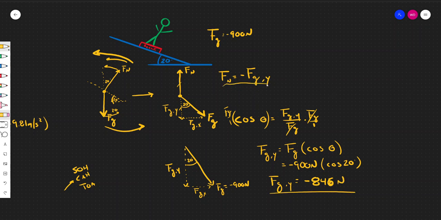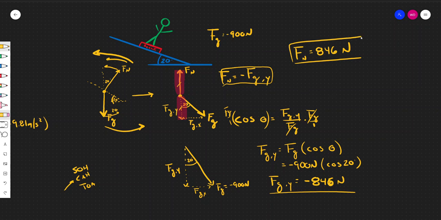And if I come up here, we said the normal force on this scale is equal to the opposite of the force of gravity's y component. So if the force of gravity's y component is 846 newtons down, in other words, this line right here is 846 newtons down, this has to be equal but opposite. Therefore, the normal force in this problem is equal to 846 newtons.